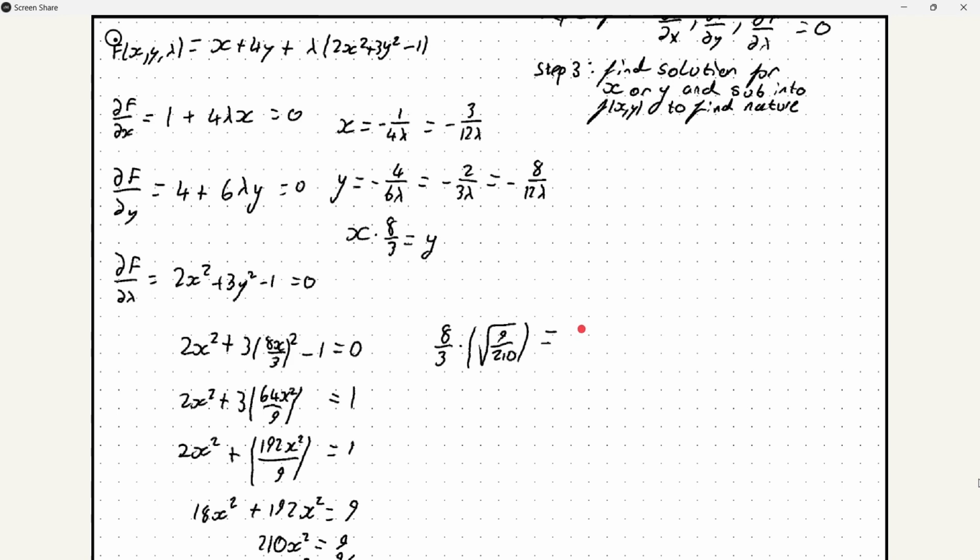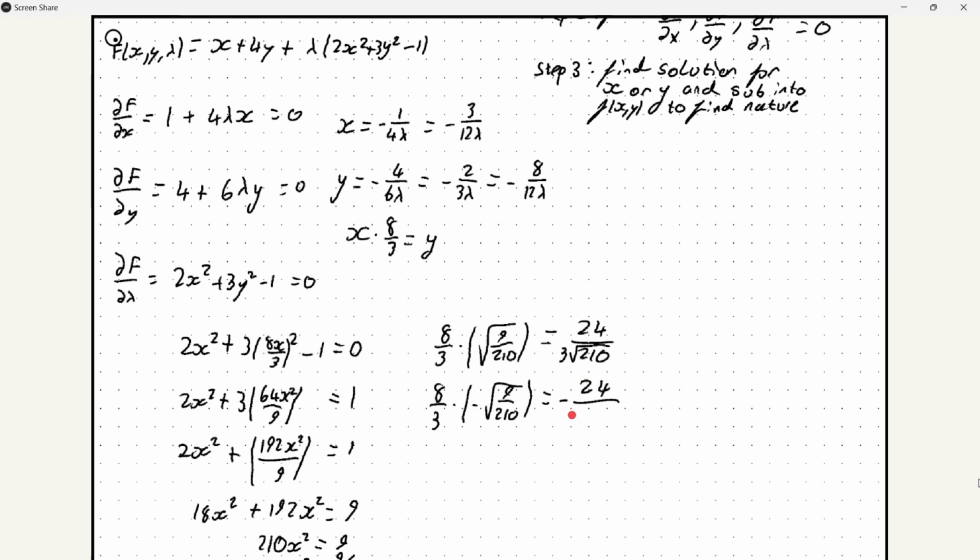Actually, it's better probably just to leave this. So we'll square root this. So you get 8 times 3, which is 24 on the top. And then we'll just leave the bottom. That's too much to deal with for me. Plus, that's not really what the point of the question is. It is to find the stationary points.